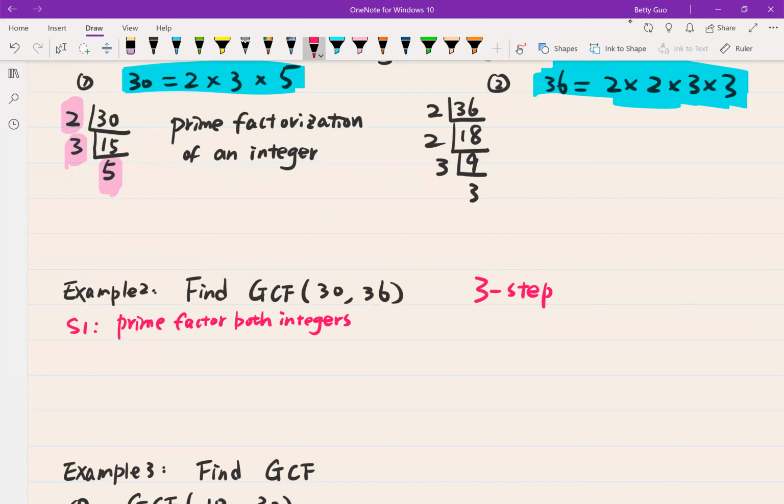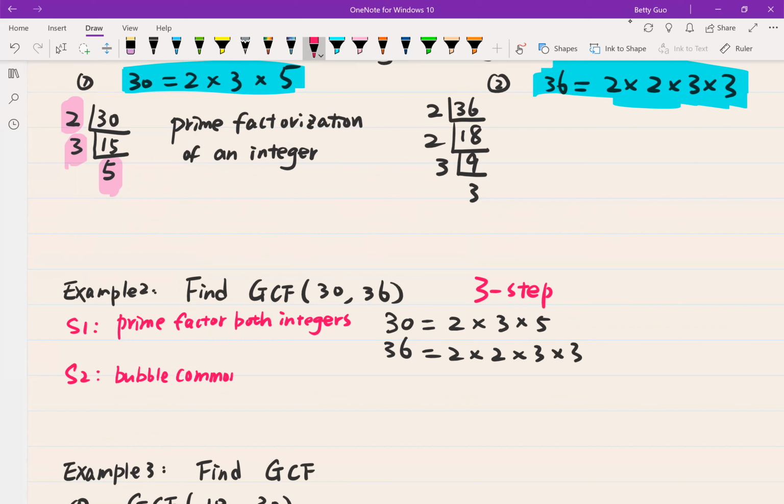So we have 30 equals 2 times 3 times 5. We have 36 equals 2 times 2 times 3 times 3. We put them vertically, one on the top, one on the bottom. Step 2, we are going to bubble common prime factors.